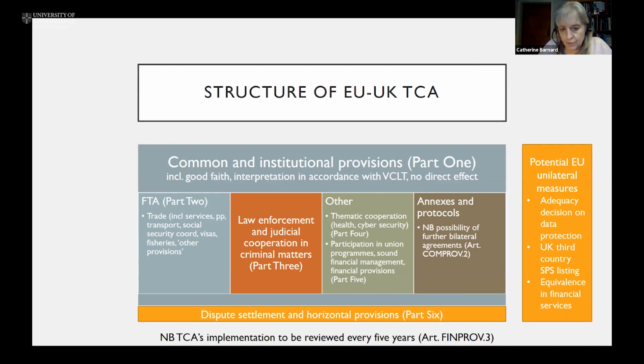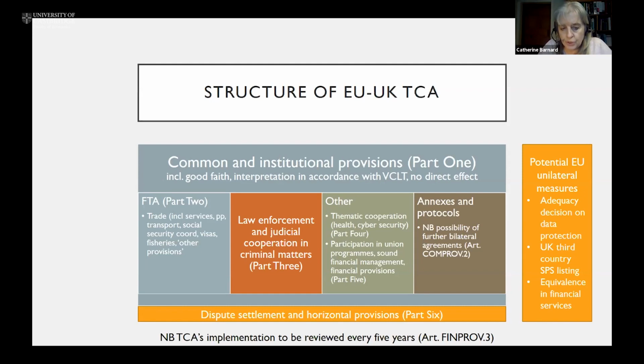The common structure across the bottom is the common dispute settlement provisions. And sandwiched between those two bits of bread is the free trade agreement, which includes not just goods, but services, transport, social security, fisheries, and other matters.